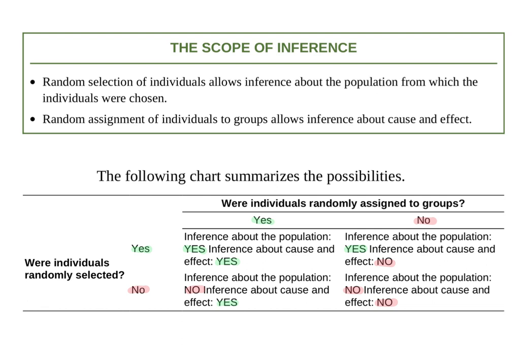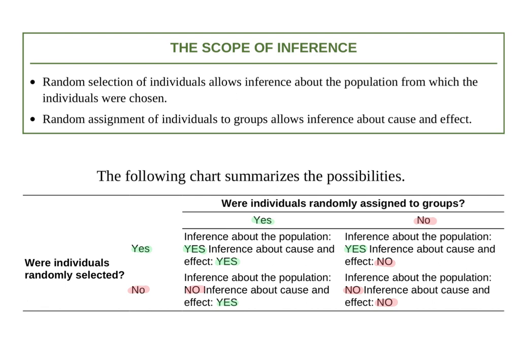So that's that sample population making inferences about the larger population in which you're doing an experiment or study to collect data on. And then the second part of the scope of inference is that random assignment of those individuals to groups allows inference about cause and effect. And of course, I'd put a little asterisk in there and say, make sure you've got some statistically significant data to back up that cause and effect.